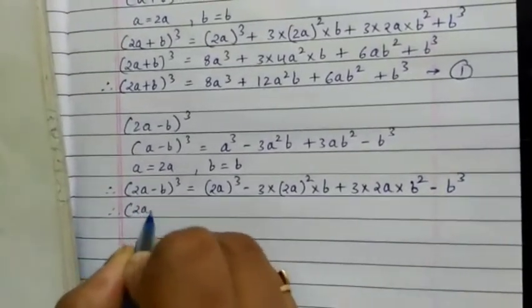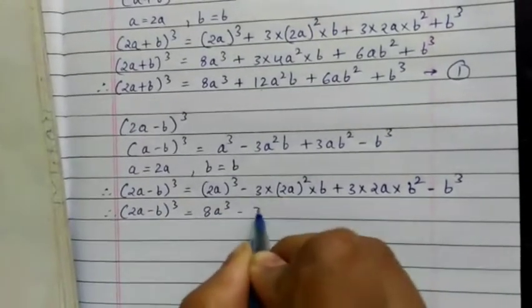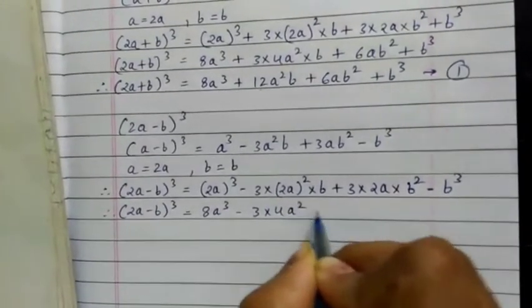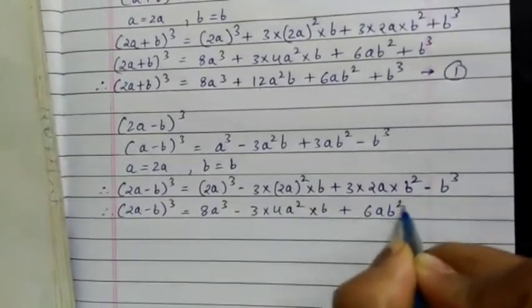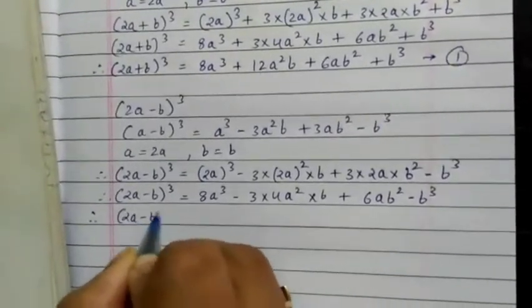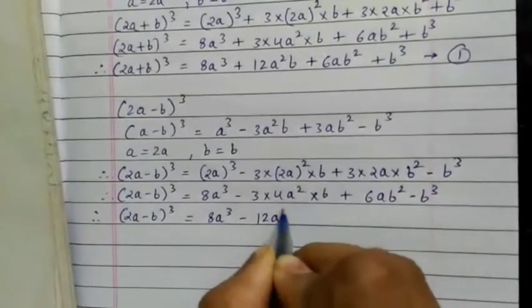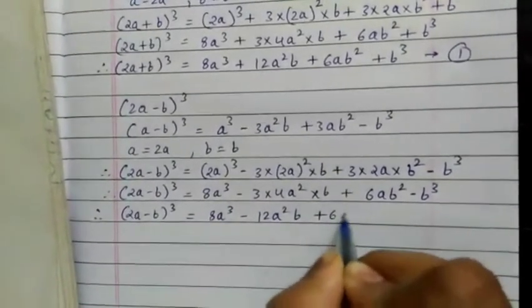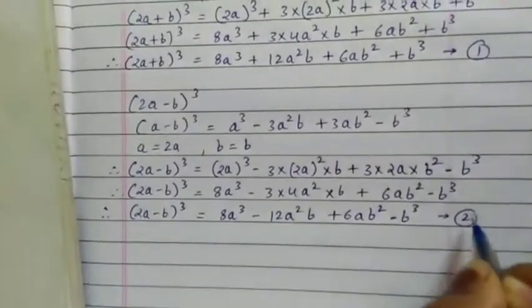So we will have 2a minus b whole cube is equals to 8a cube minus 3 into 4a square into b plus, reduce, 6ab square minus b cube. So we have 2a minus b whole cube is equals to 8a cube minus 12a square b plus 6ab square minus b cube. This is our equation number 2.